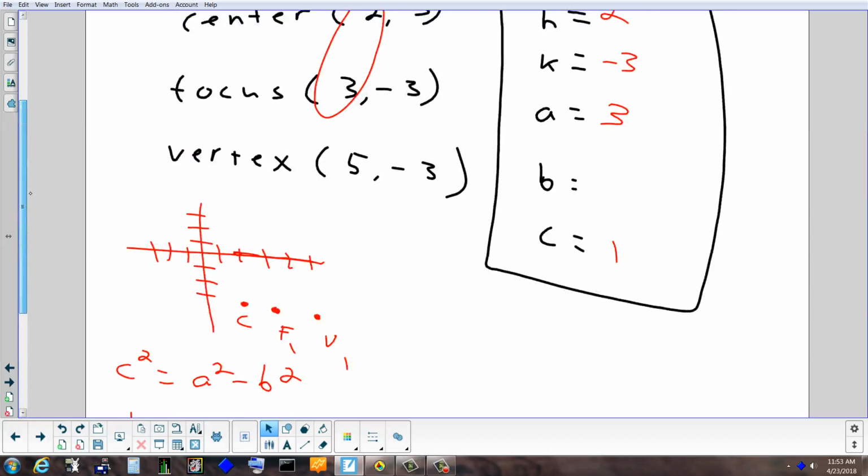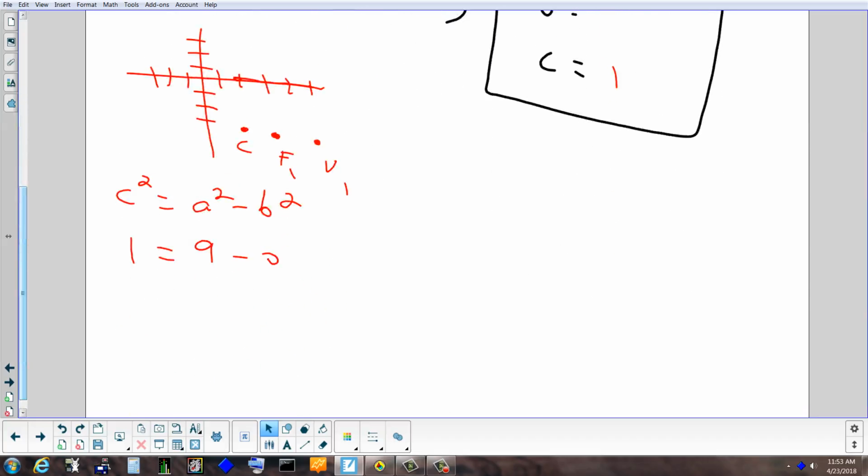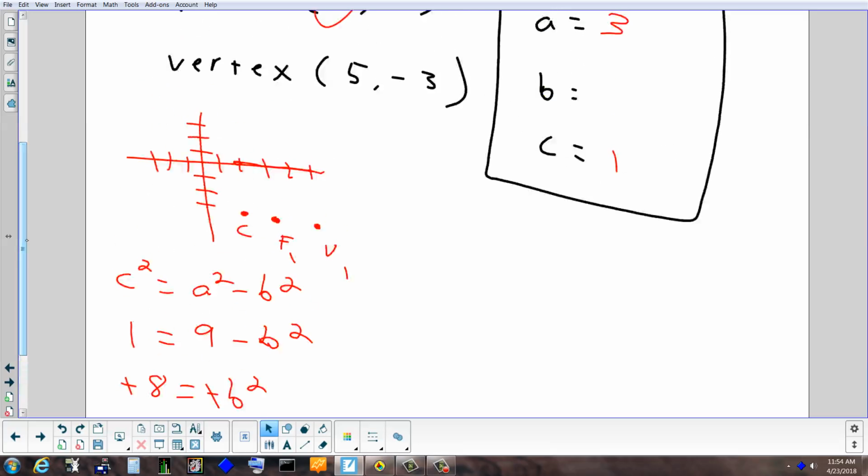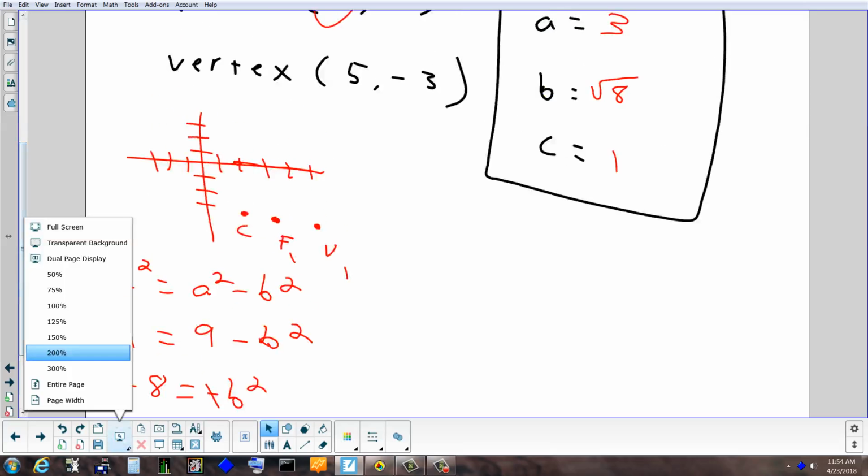A squared is going to give me 9 minus B squared, and then solve for B squared. And really, again, you don't need B. If you want to write it, you can, but in the formula, you're going to have to square it, so B squared is 8. Any questions on how we got those 5 numbers?